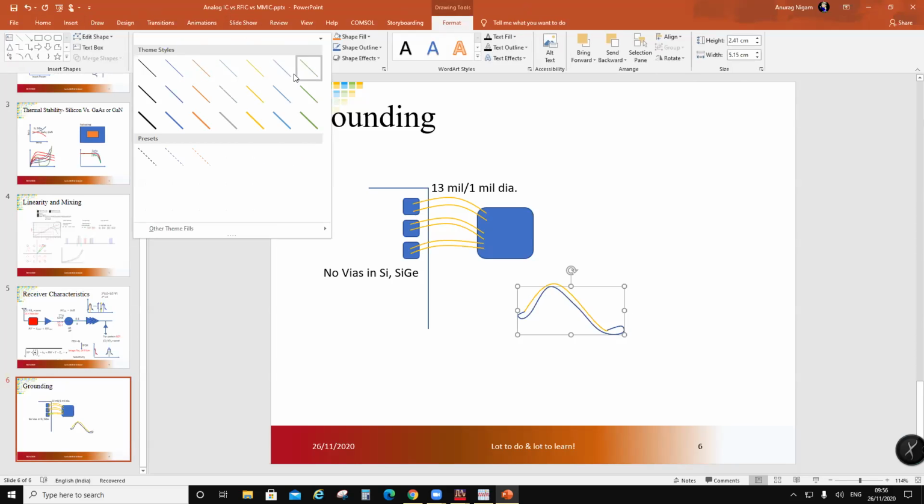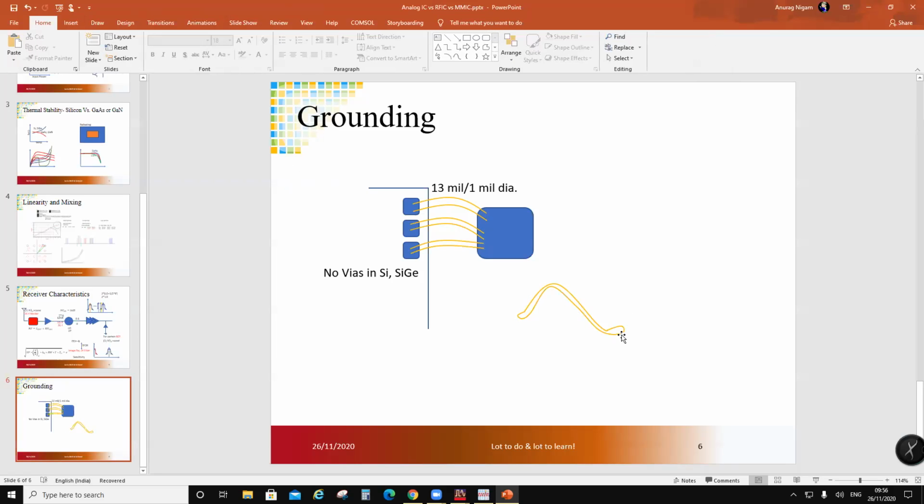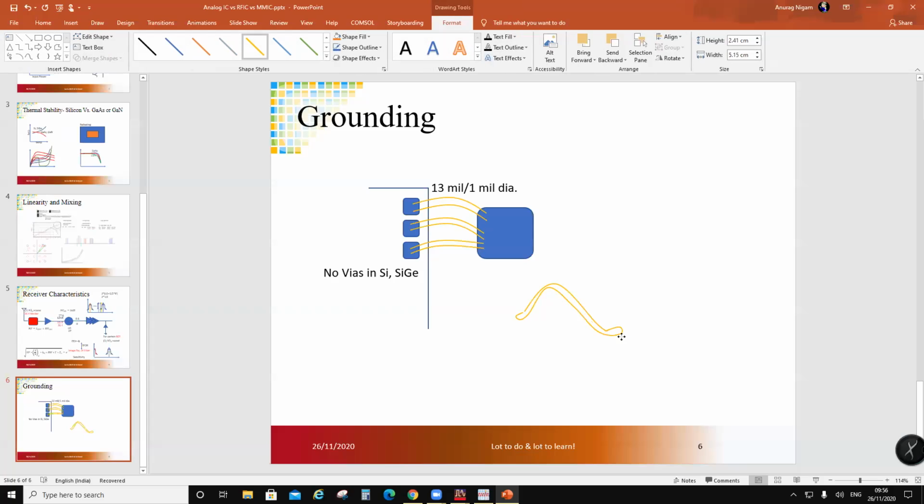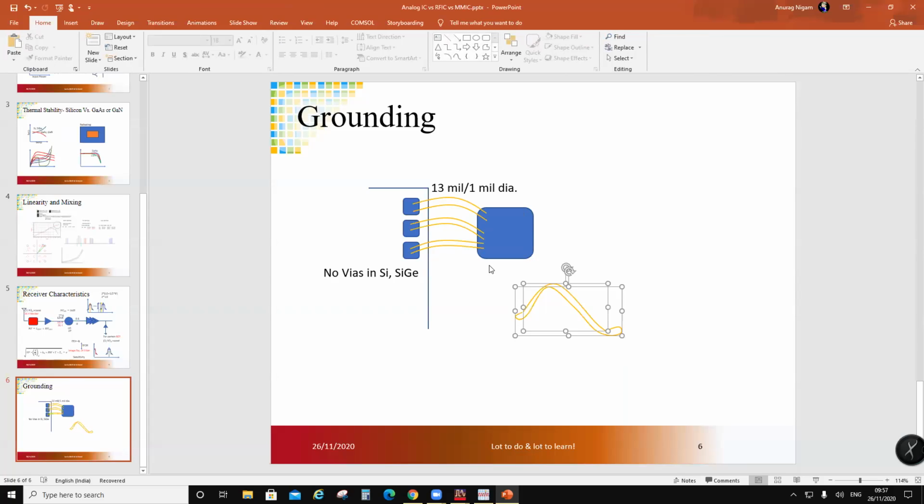And okay, so basically the edges. So edges are like these wedges. Okay, so this is like a wedge. Okay, so the bonder detaches and then it smears the bond wire onto the pad. So this is called edge bond. Okay, so this is an edge bond.